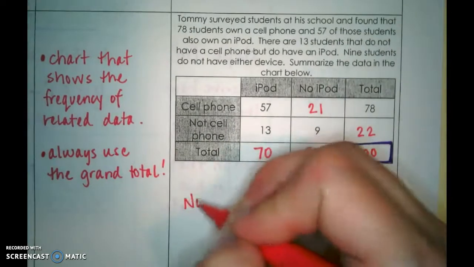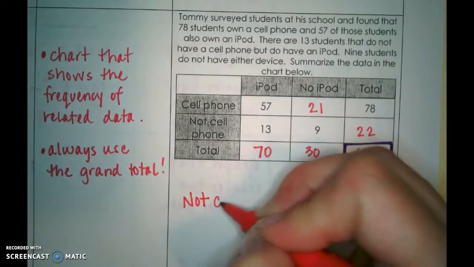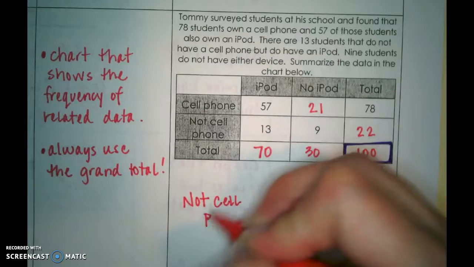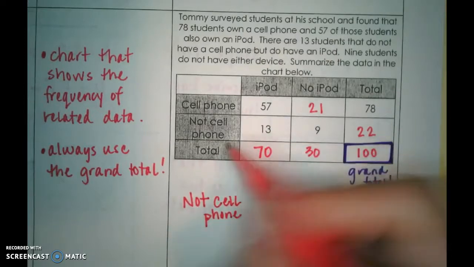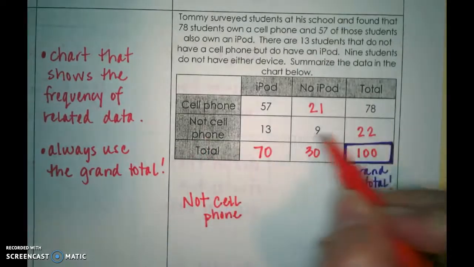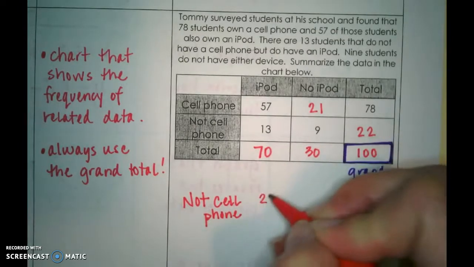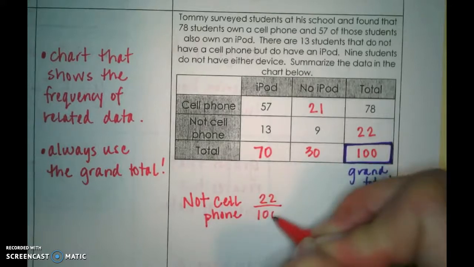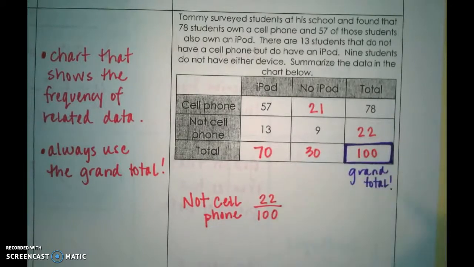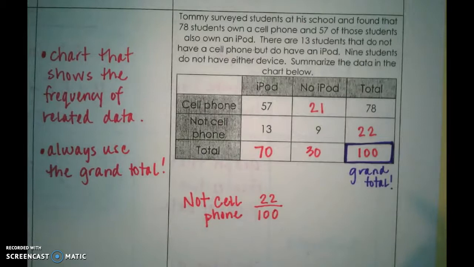If I wanted to know how many students did not have a cell phone, then what I'm going to do is look at how many students. That's talking about the total number of students that didn't have a cell phone. 22 out of 100 students that were surveyed did not have a cell phone.